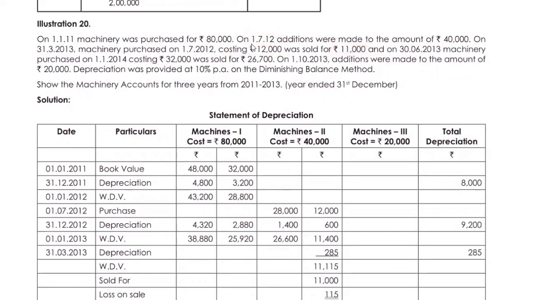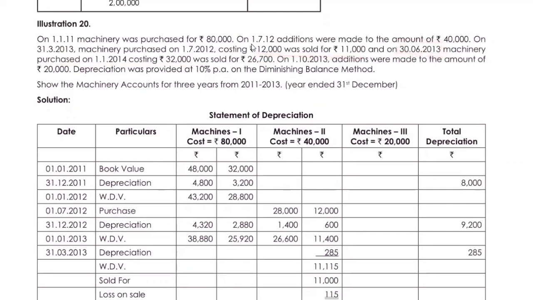And on 30 June 2013, machinery costing was sold for 26,700. So on 30th of June, this was sold.